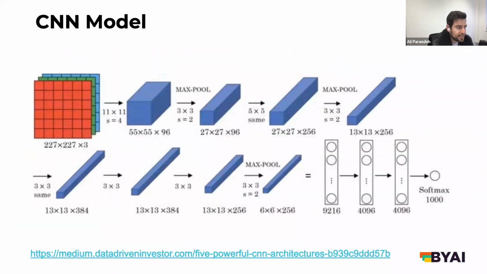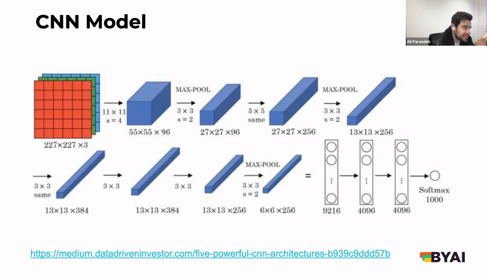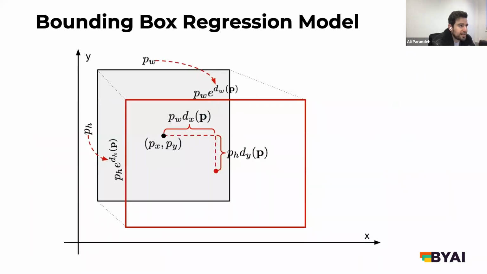The second bottleneck is in the CNN itself. So you have the CNN, which could look like this. That's your feature extractor. You have to train the CNN as well, other than just this selective search model. And then at the end, you have to train a bounding box regression model to unwarp your bounding box coordinates back into the input image dimensions.